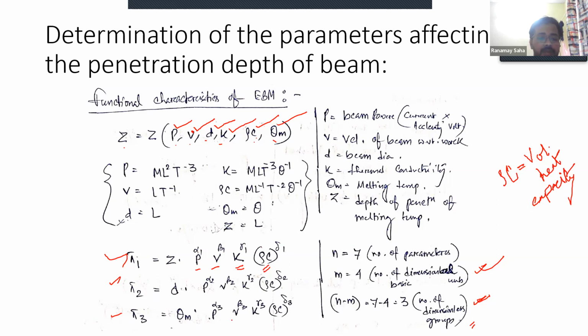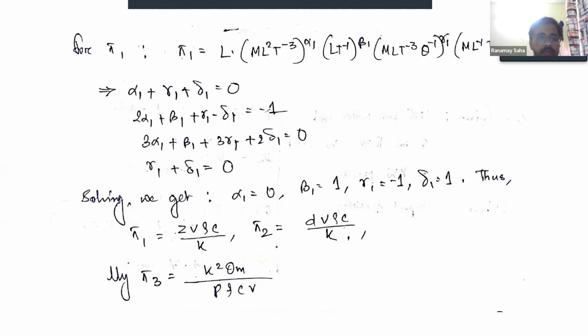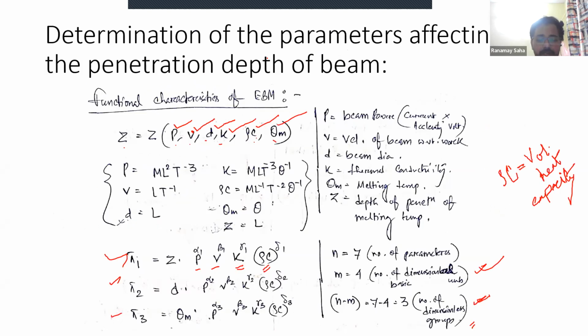Similarly, you take pi 2 and pi 3 and proceed with the replacement of the MLT powers, MLT constants of all these. Okay, to find out pi 1, as L multiplied by what was that power, right? Force per unit time or energy per unit time.